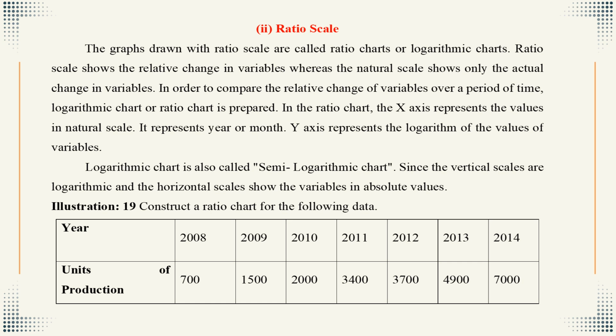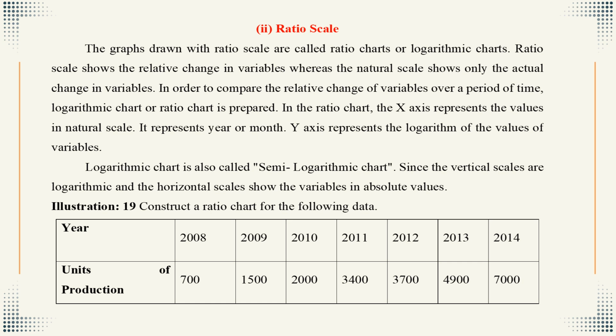A logarithmic chart is also called a semi-logarithmic chart, since the vertical scale is logarithmic and the horizontal scale shows the variables in absolute values. To give more explanation, an illustration has been given with year and units of production, from 2008 to 2014.